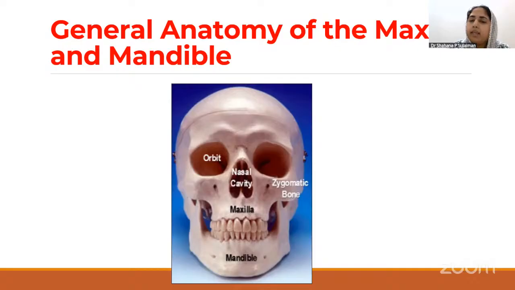Above the maxillary anterior teeth we have the nasal cavity and associated structures. Above the maxillary molar teeth we have the maxillary sinus. Below the mandibular premolar teeth we have the mental foramen, and below the mandibular molar we have the external oblique ridge. So if you are well versed with the anatomy of the skull, it is easy to study the normal anatomical landmarks seen in an intraoral radiograph.